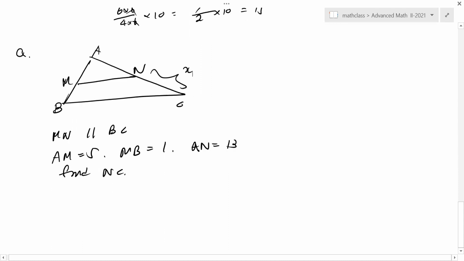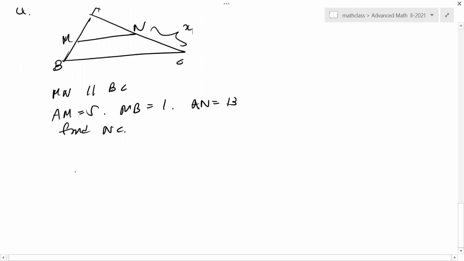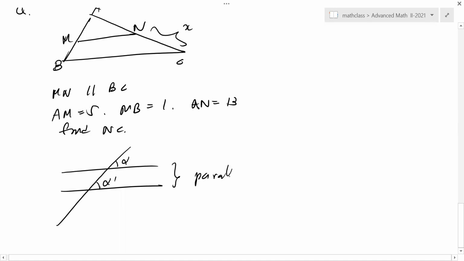So first of all, let's talk about similarity and parallel lines. If you have two lines that are parallel, how do you measure it? If this is alpha prime, they are parallel if and only if alpha equals alpha prime.